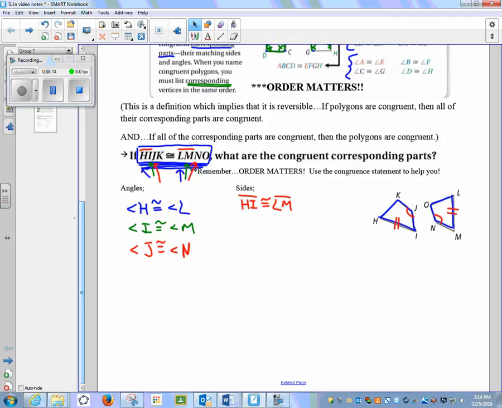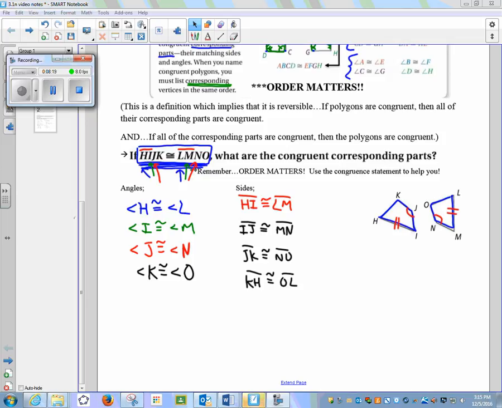All right, you finished listing the angles. The last angle we hadn't done yet was K congruent to O. That was the last letter in each of those statements. And then the sides might be a little bit trickier. You got to make sure you take two at a time, right? J, K are the second two, N, O are the second two, so they're congruent.